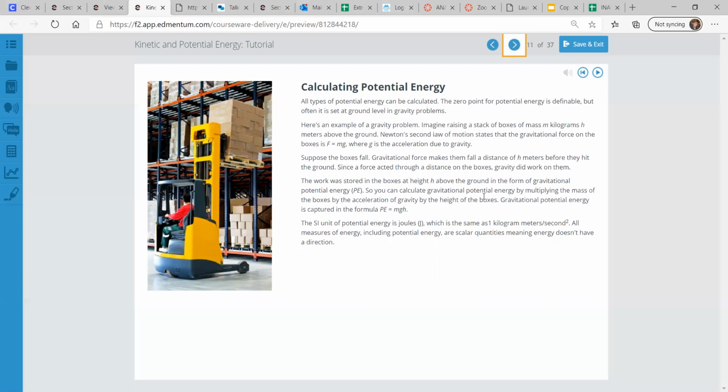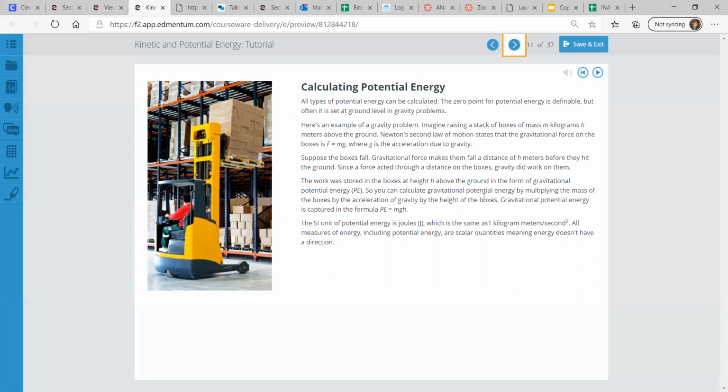Newton's second law of motion states that the gravitational force on the boxes is F equals m times g. The force is equal to the mass times g, the acceleration due to gravity. Suppose the boxes fall. Gravitational force makes them fall a distance of h meters before they hit the ground.